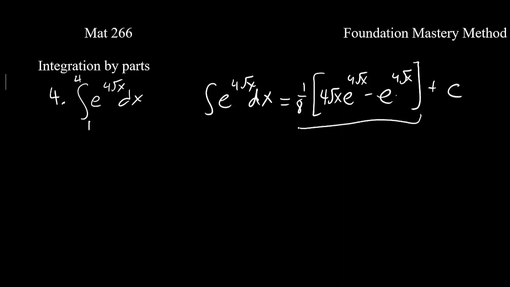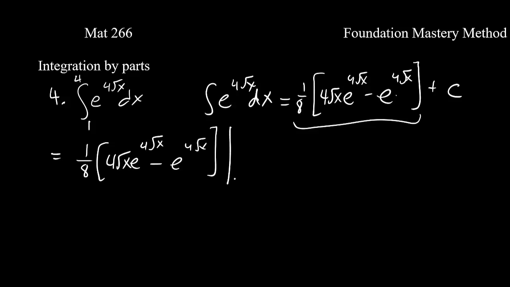So now we're going to use this result, and we'll have 1/8 times 4 times the square root of x e to the 4 square root of x minus e to the 4 square root of x, and all of this evaluated between 1 and 4.